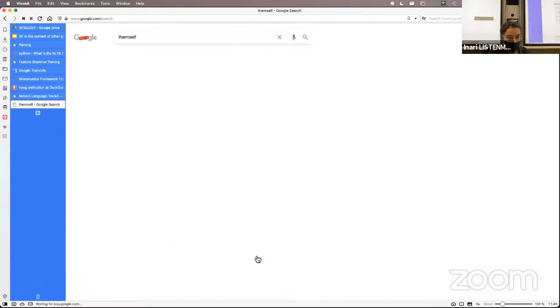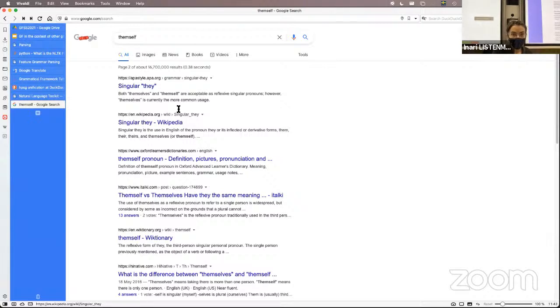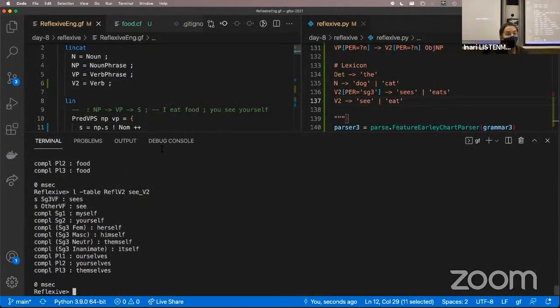Okay, we just find definitions. Yeah, okay. Both themselves and themself are acceptable as reflexive singular pronouns. However, themselves is currently the more common usage. Okay, sure. We can definitely change it to whichever. I just wanted to make this inflection table have more variety.